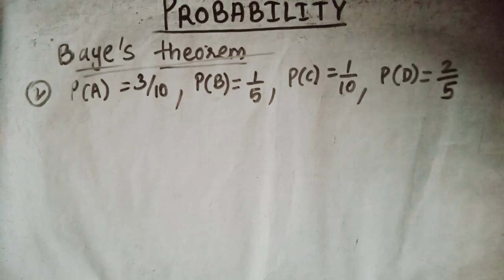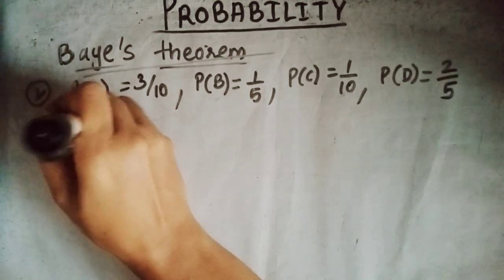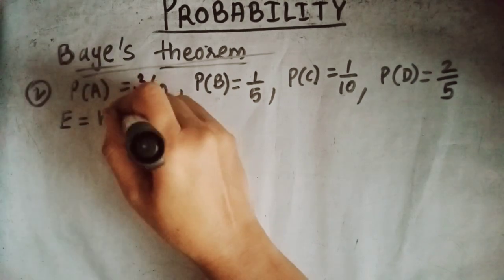Now he is coming by train and he is getting late. So the main event, that he comes late, you can take as E. E is the event he comes late.